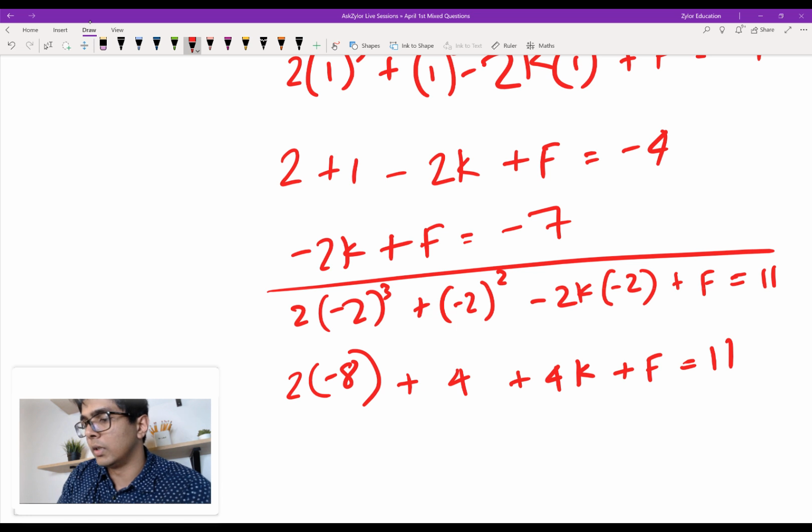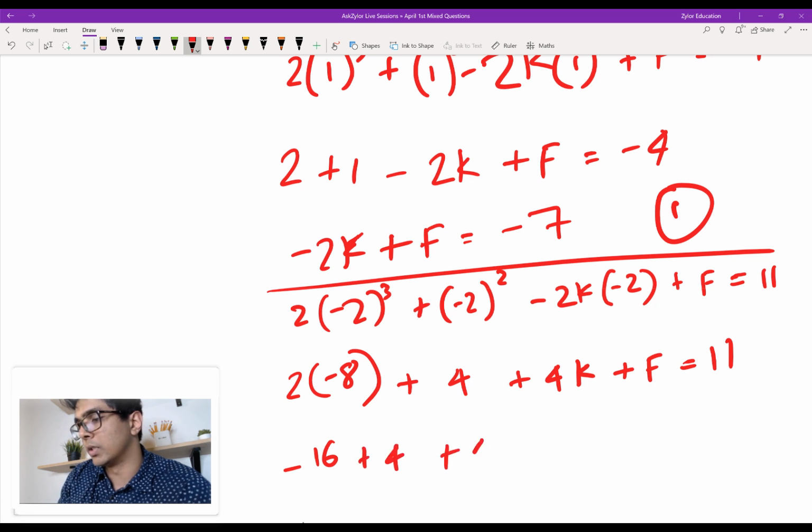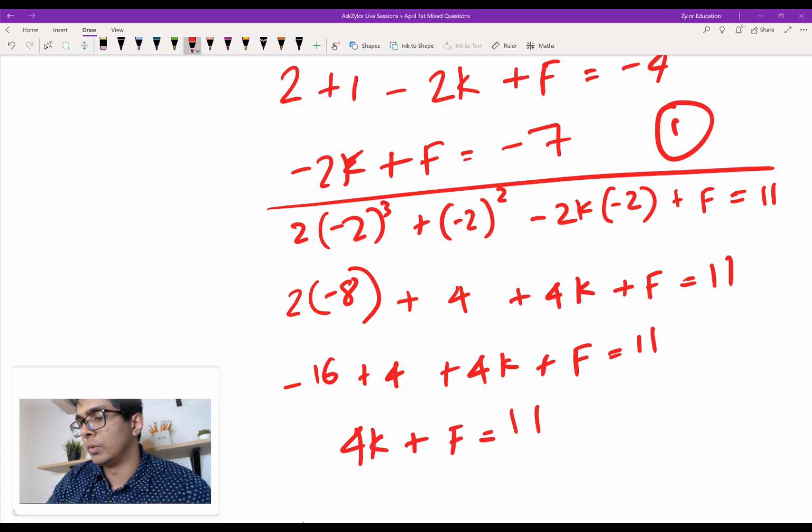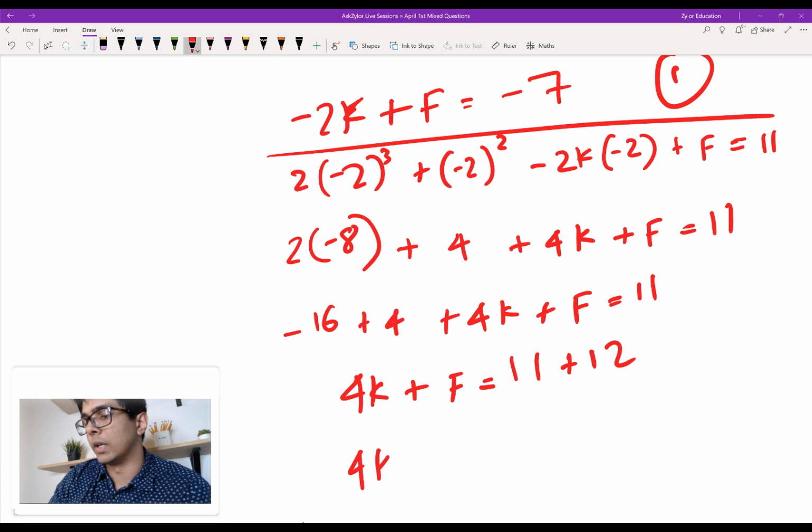Then I'm going to try to get my equation in the same form as my previous one. So let's call this 1. So 2 times negative 8 is negative 16 plus 4 plus 4k plus f is equal to 11. And then I'm going to isolate for my numbers. So I should get negative 12. Bring the negative 12 to the other side to give me plus 12. So my 4k plus f is equal to 23.